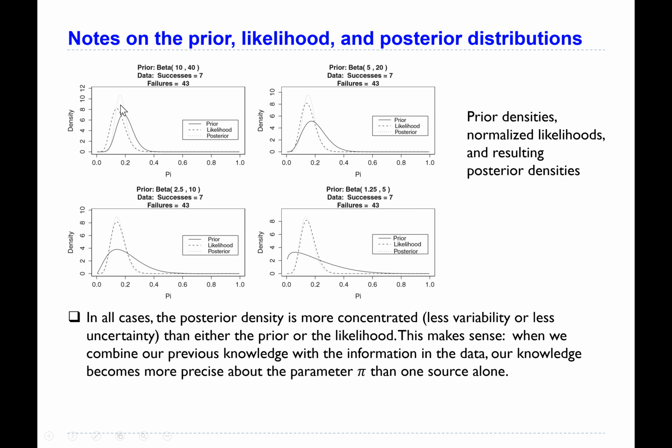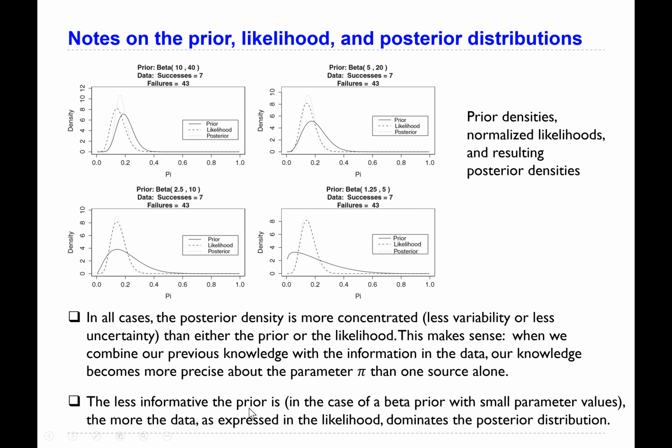Because the posterior distribution contains more information than the prior, more than the likelihood, because it combines the information from the two sources and it gives me something that has less variability, less uncertainty. So this is why I see the posterior has less variability, less uncertainty, or is more concentrated compared to the others.